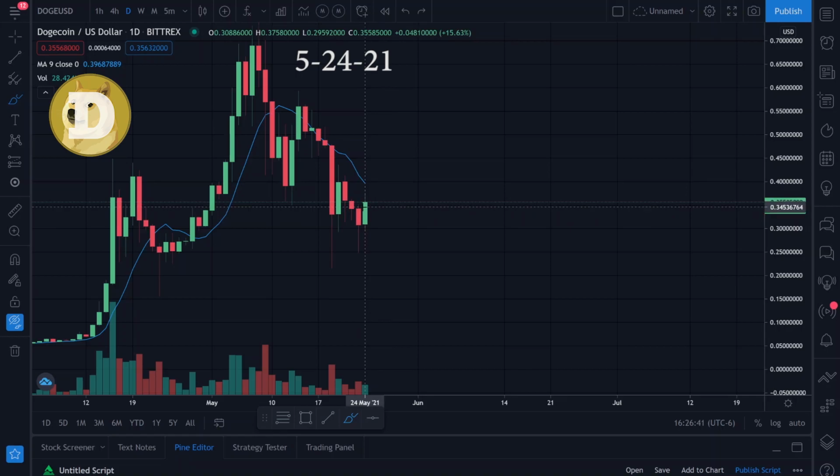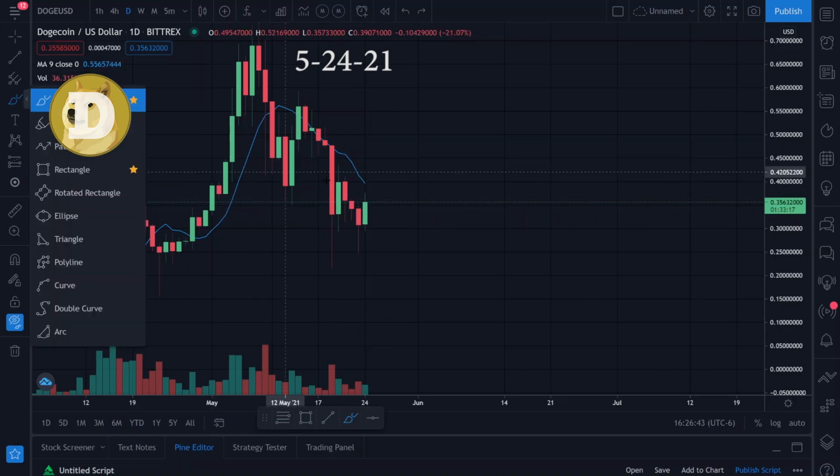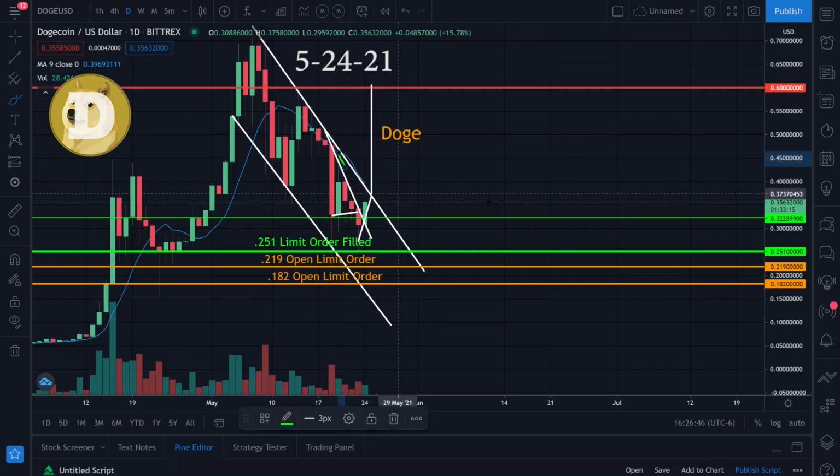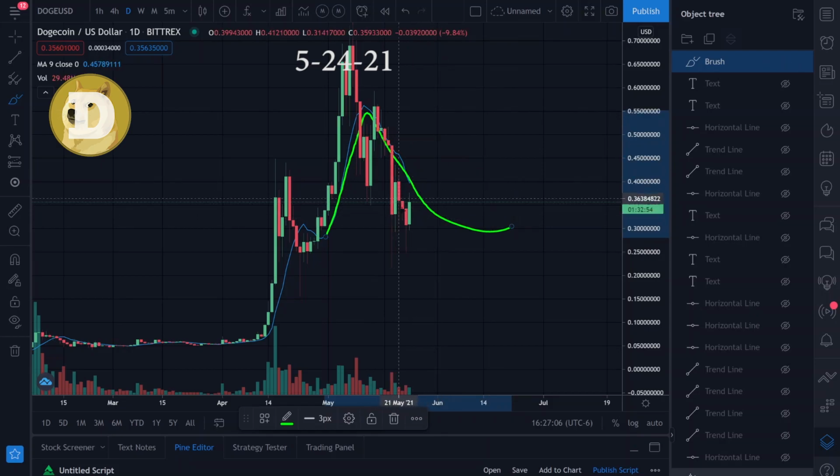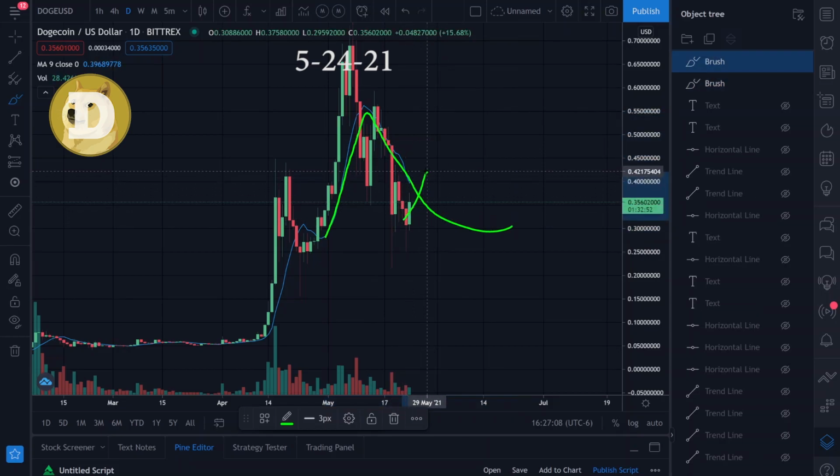And if not, we might do something like this, where, let me hide everything real quick. We might get something like this, which is what we want to happen anyways, for the moving average to come down like this, and then the price to not only break above it.